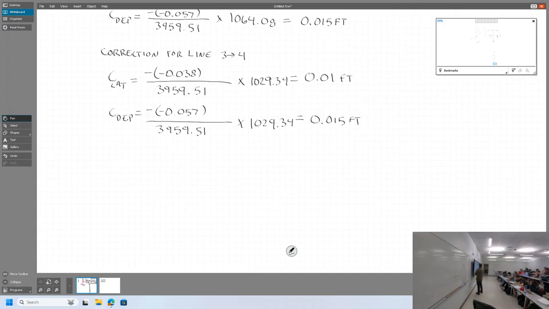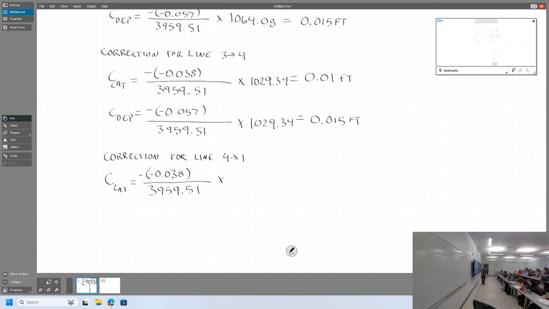And then the final correction for this length of line. Our final distance is not written up here on the sketch, but it is in the notes.